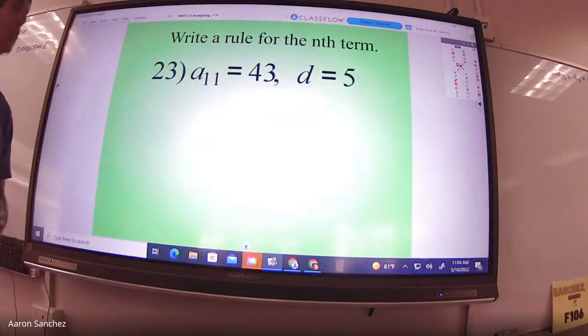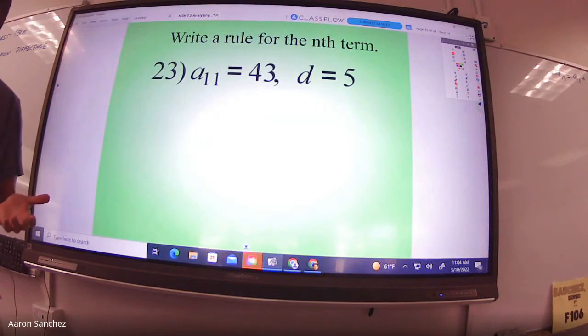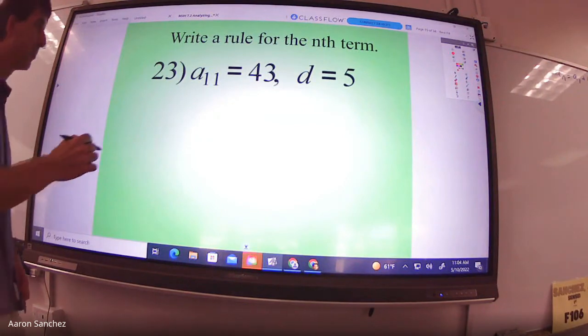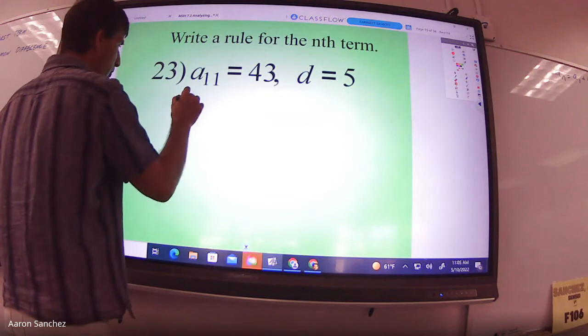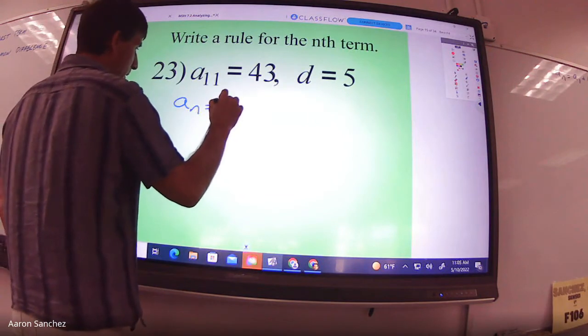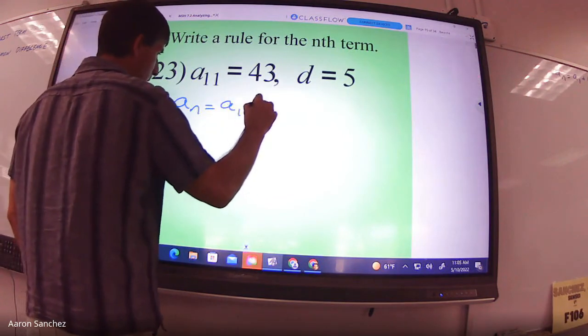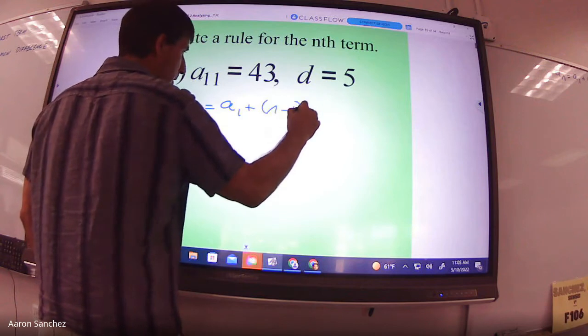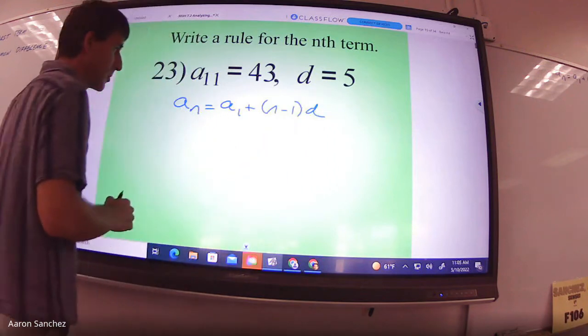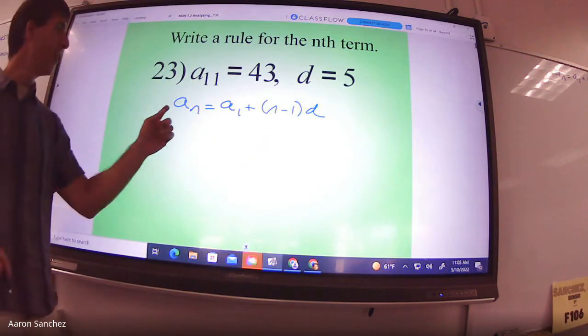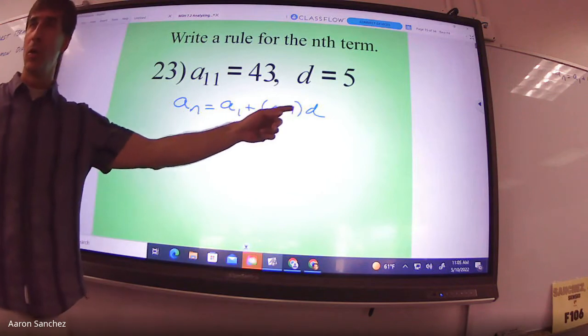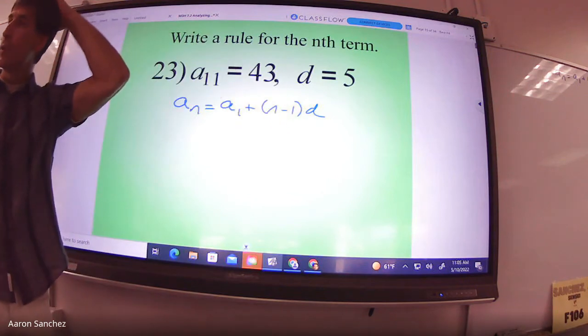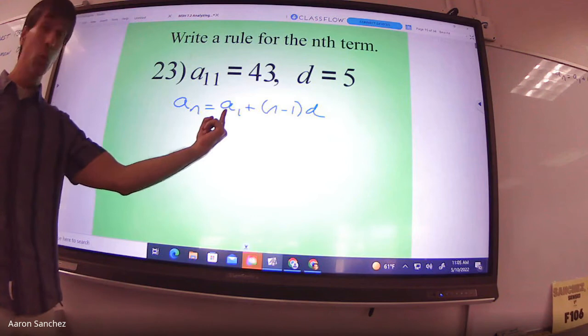Okay, so I got to find the first term, right? So here's what you do. We're going to use our original formula. A sub n equals a sub 1 plus n minus 1 times the common difference. Now I'm going to plug in everything that I know. But what am I solving for? A sub 1.